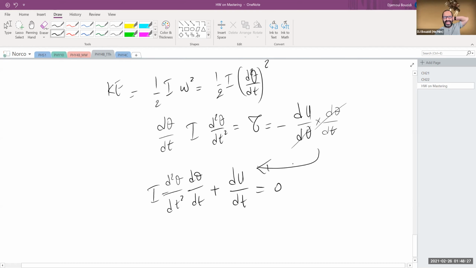It's not the correct way of saying it. You have to use finite values, delta u and delta theta and delta t, and then cancel, and after that take the limit when deltas go to 0, and then you redefine the derivative that way, but it's going to amount to the same thing. So practically you're going to get this value. Is this expression correct from here, yes or no?